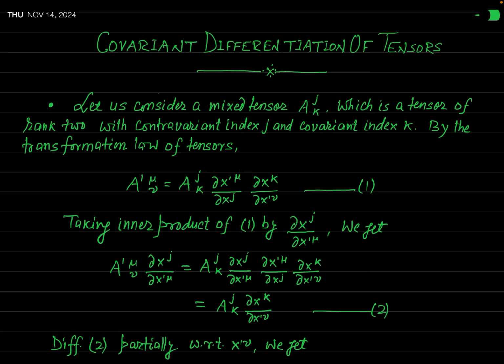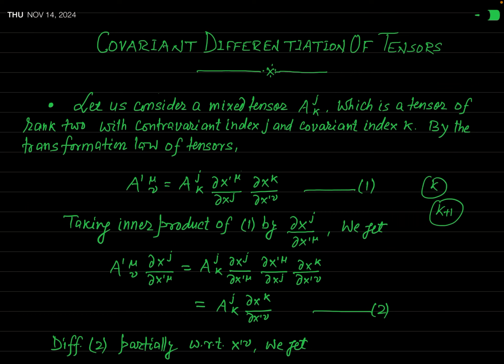It means if you consider a tensor, either a mixed tensor or a covariant tensor or a contravariant tensor whose rank is, let us say, k, and you find the covariant derivative of that tensor, definitely the result obtained will be a tensor of rank k plus 1. Okay. So after covariant differentiation, the resulting tensor is just of the rank which is one more than the original tensor.